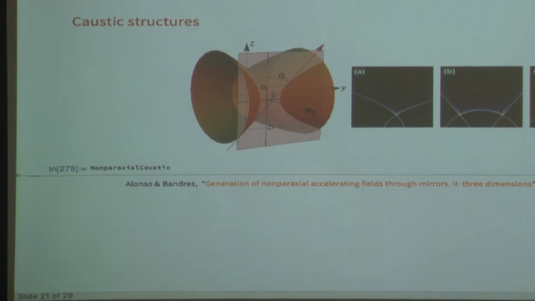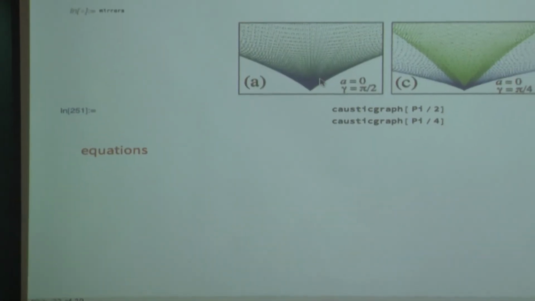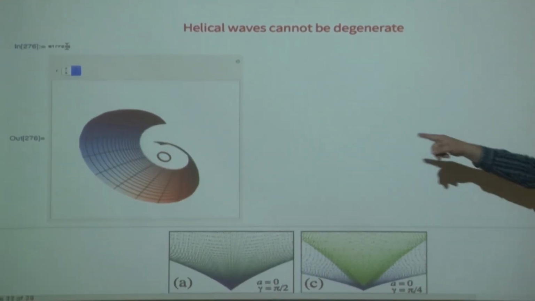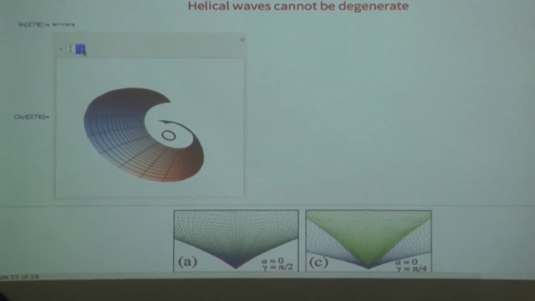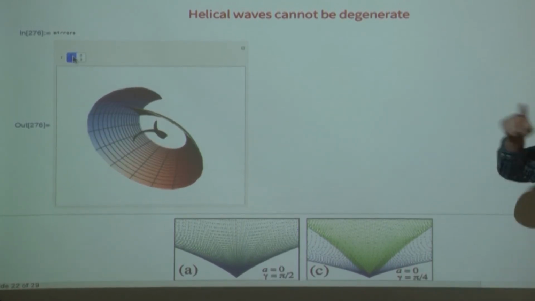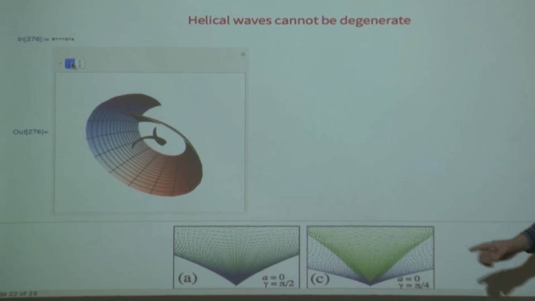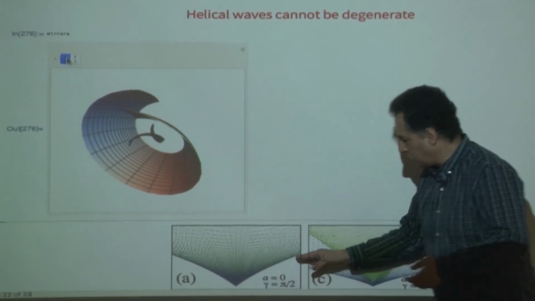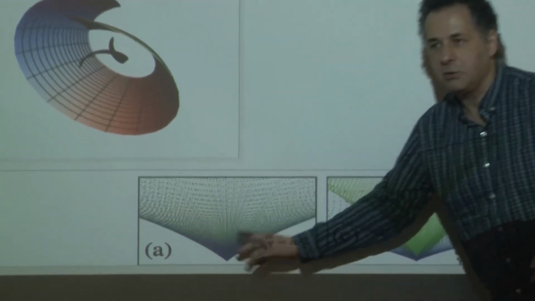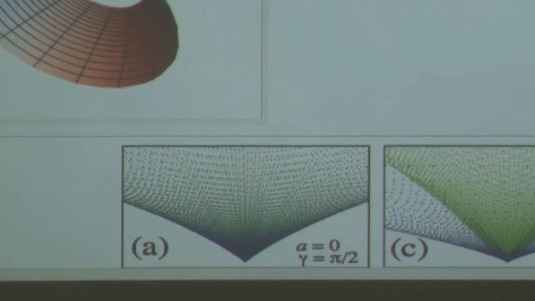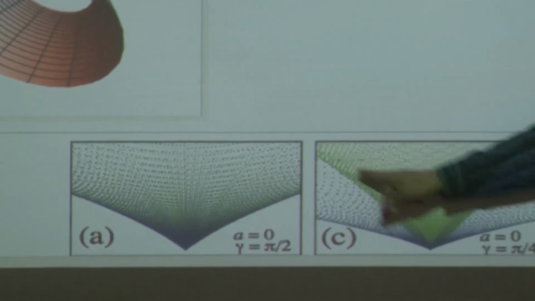So just to finish, one last thing that I want to show is, I talked about this mirror and this other mirror here that does the helical. Turns out that when you go from something that is not helical, something that's circular, to something helical, this caustic, which is degenerate, these are rays, breaks the degeneracy. The caustic breaks into two sheets of caustics like this.